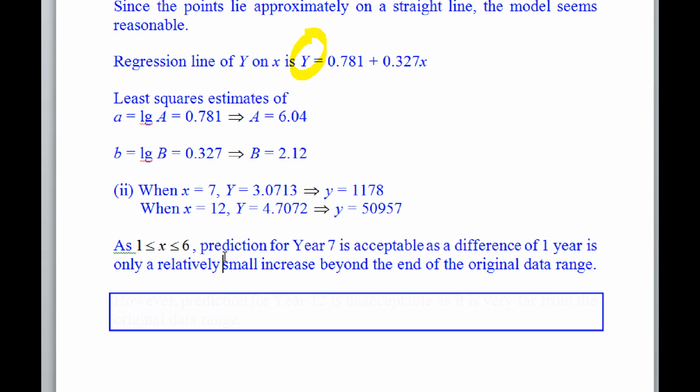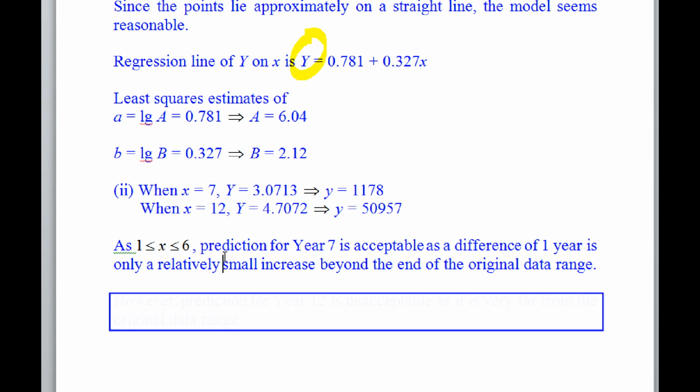But if you go up to x equals 12, looking at the numbers, which is 50,000, compared to the data that you see, which is only in hundreds, it seems ridiculous for the sales to increase by 100-fold within 5 years, 6 years. Really ridiculous. You know what I'm saying?